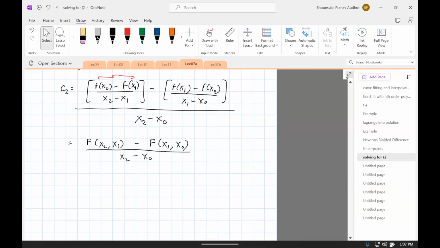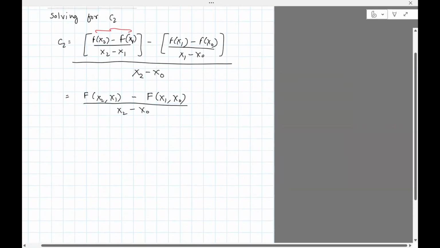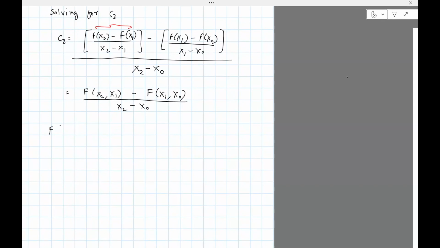Okay, now the notation we've used here is something which we created, just a shorthand notation, which helps us to keep track of lengthy expressions. But capital F xi, xj is small f xi minus small f xj divided by xi minus xj.